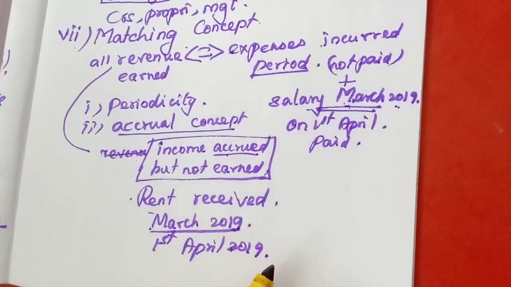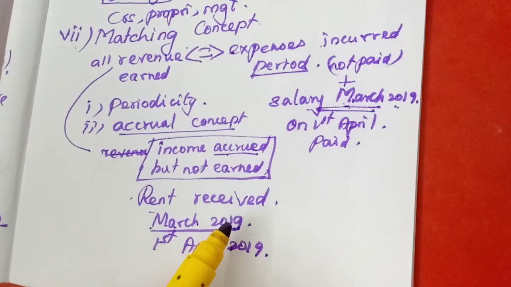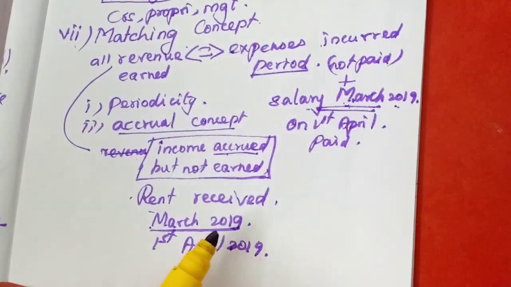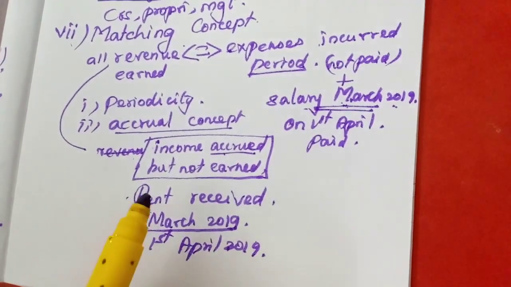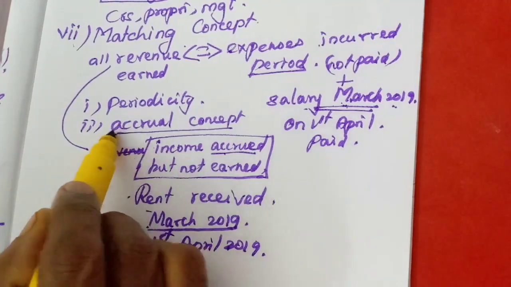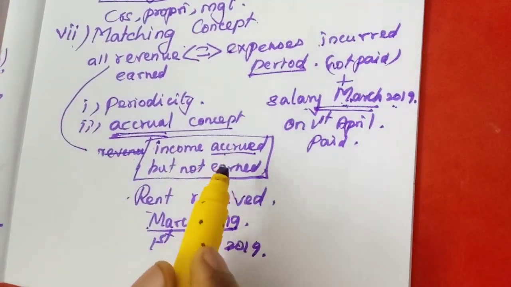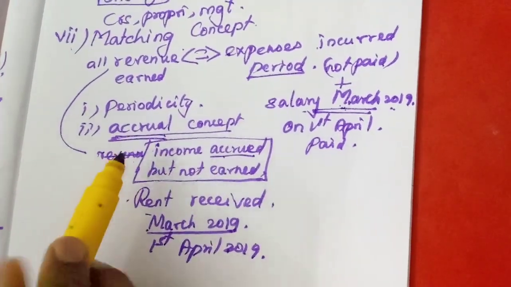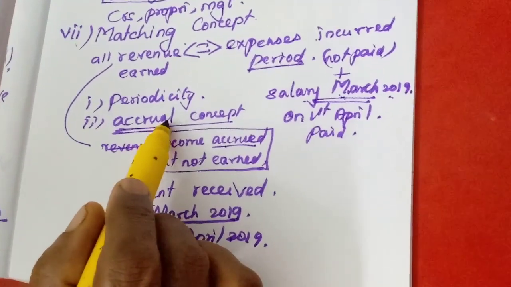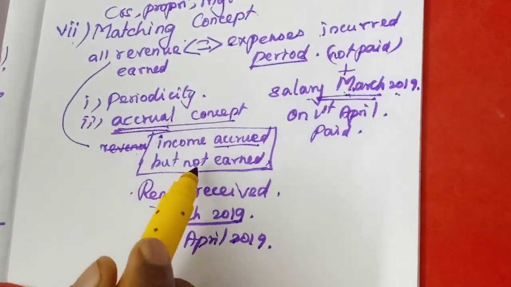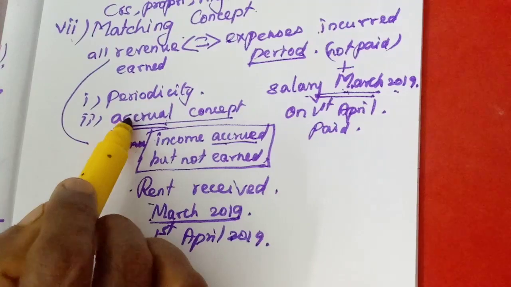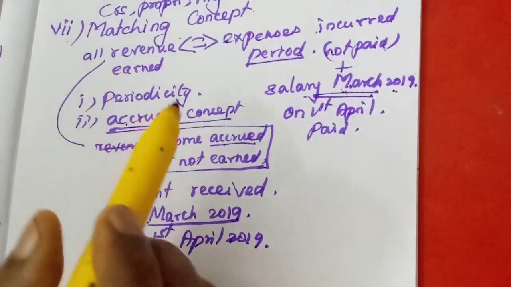This is what I explained to you in the basis of accounting. Do you remember? Cash basis, accrual basis and mixed basis. Accrual is a basis of accounting, which I have explained to you. So that is also included in this matching concept.